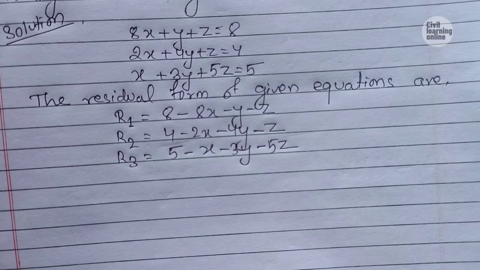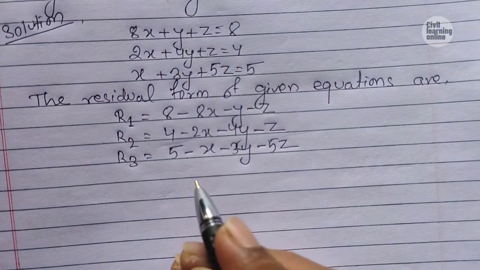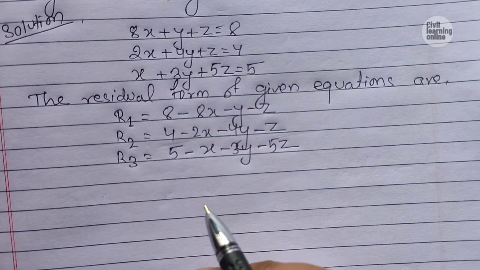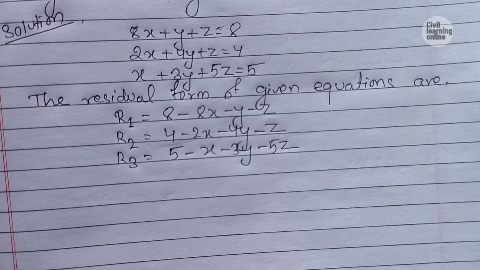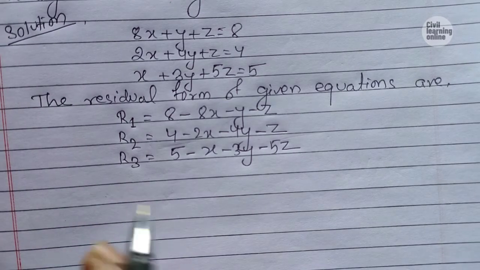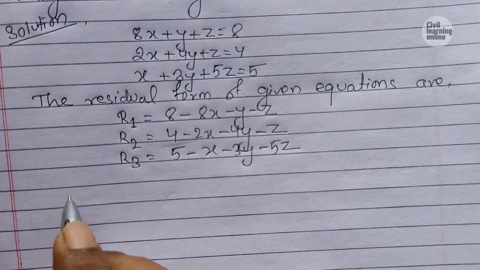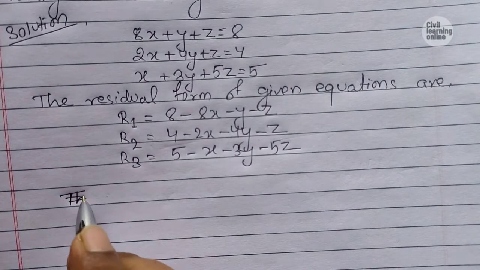And after this step, we need a table for operation, which is very important, and we will frequently need that table while applying different approximations. So let us draw a table for operation.